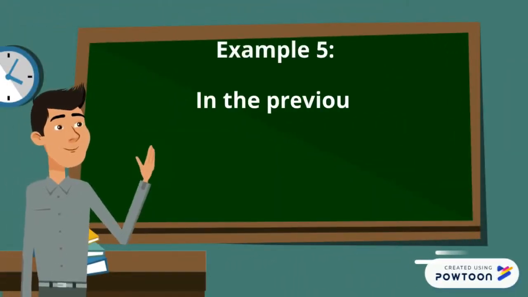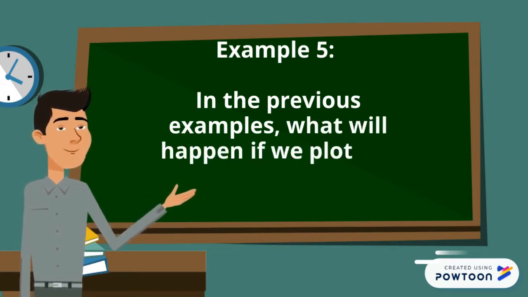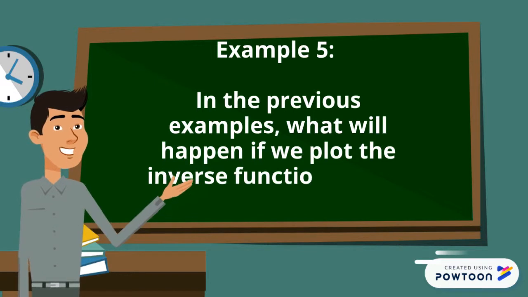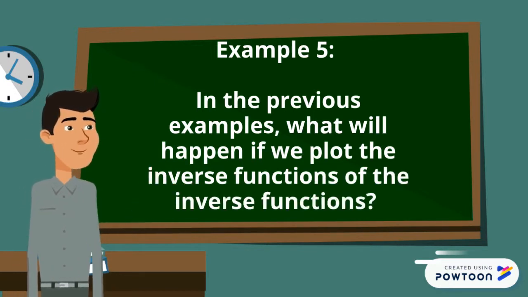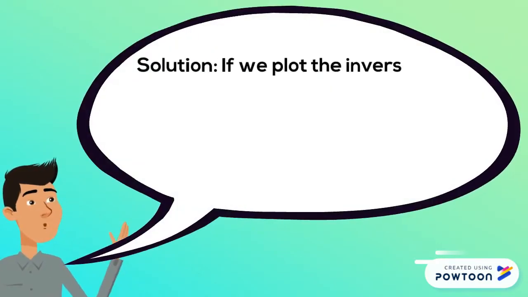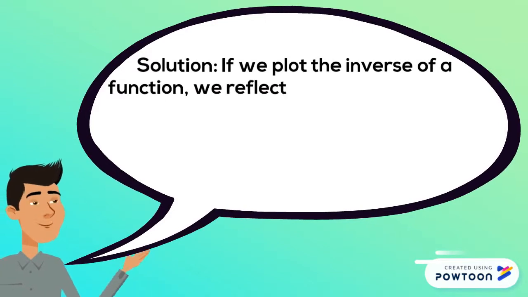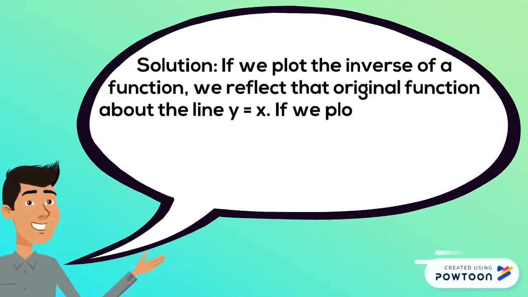Example number 5. In the previous examples, what will happen if we plot the inverse function of the inverse function? Solution. If we plot the inverse of a function, we reflect the original function about the line y is equal to x.